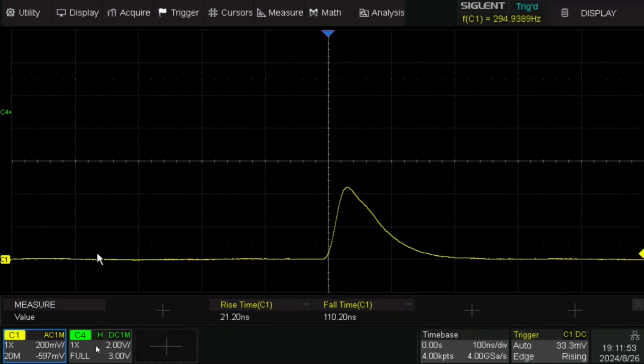We observe a rise time of around 20 nanoseconds and a fall time of around 110 nanoseconds, meaning that the half-width of the pulses is around 70 to 80 nanoseconds. And that's in fact quite a bit more than the value of the electron transit time inside the photomultiplier, which was specified to be 22 nanoseconds.